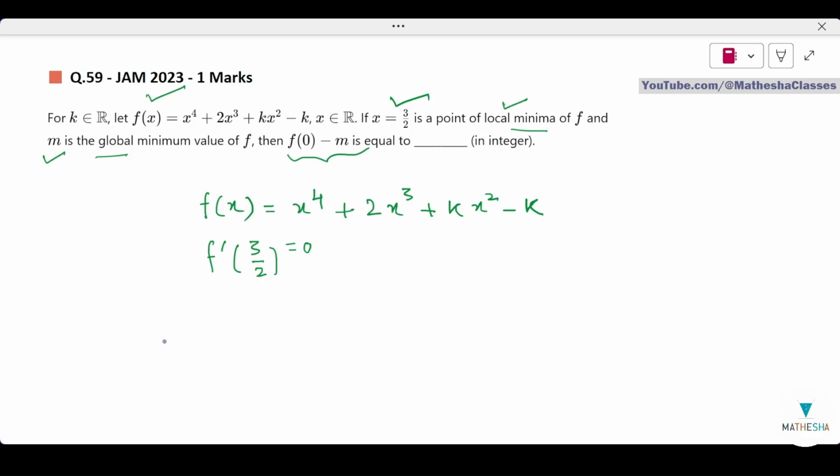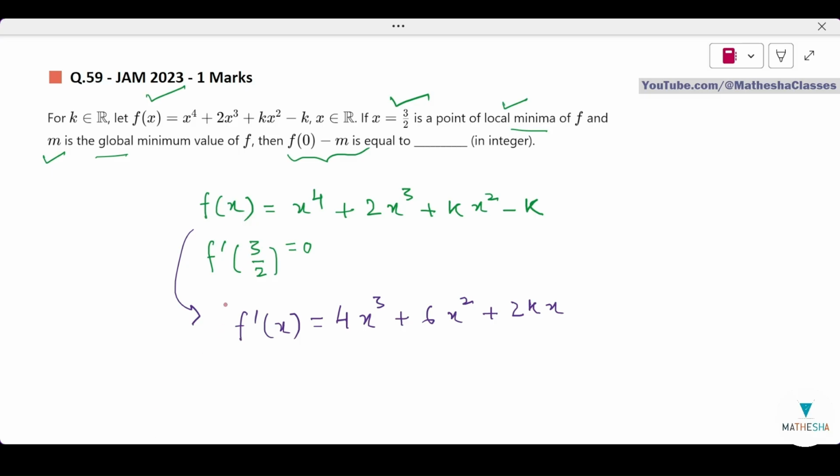Let us first calculate f dash x. So f dash x equals 4x cubed plus 6x squared plus 2kx.